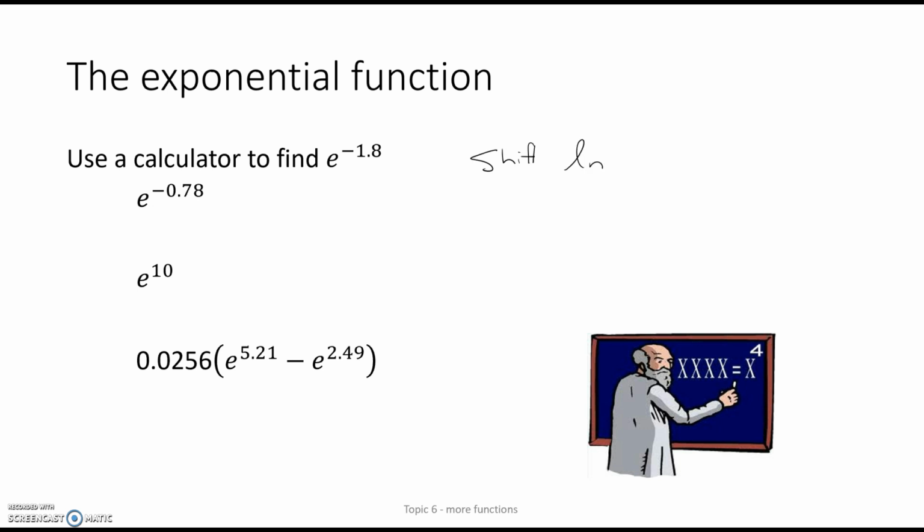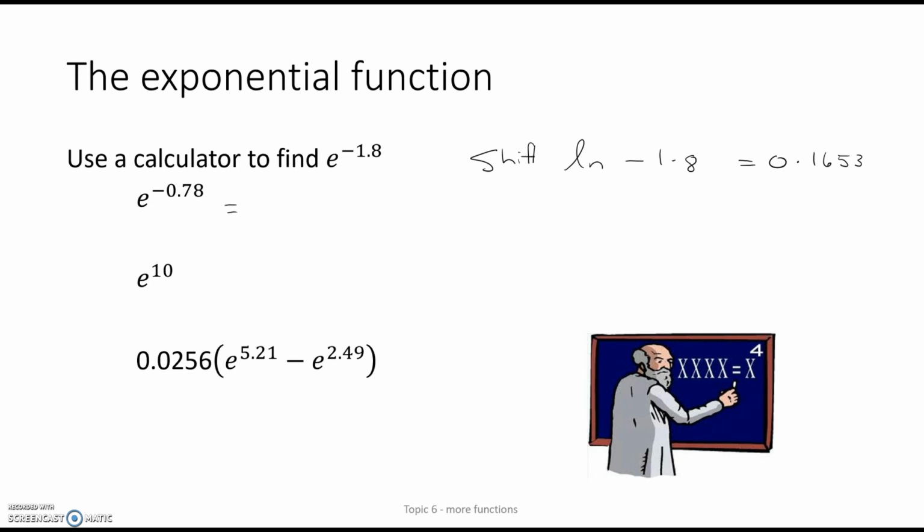So you'd turn your calculator on, you'd go shift ln and then e to the whatever power, and in this case it would be negative 1.8. So I'll just do that, negative 1.8, and we get 0.1653 will do. Check that, make sure that you can get that as well.